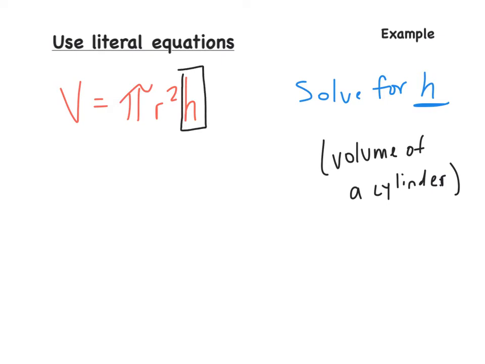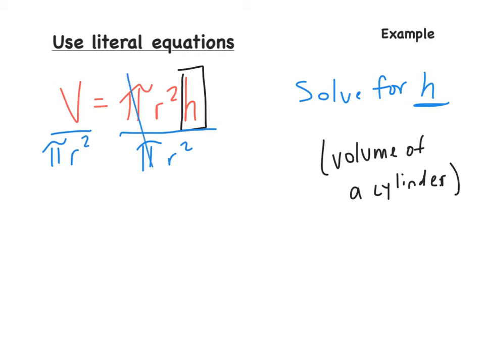So if we want h by itself, this is pi times r squared times h. The opposite of multiplication is division. And if we want to keep h here, we divide by pi r squared, and then we'd have to divide by pi r squared over to the left.